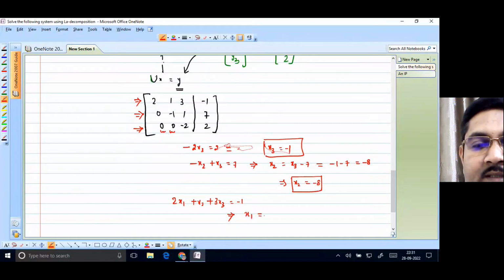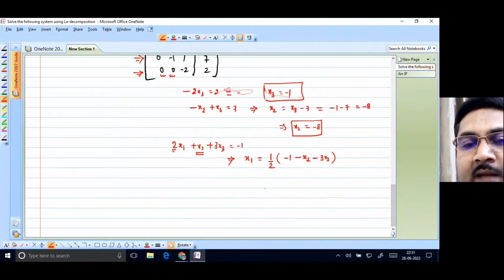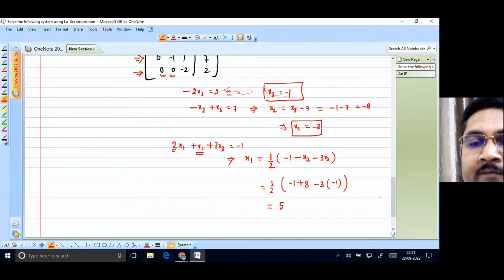So x1 is equal to minus 1, if I take this to this side, minus x2 minus 3x3, and divide it by 2, and substitute all the values. So 1 by 2 times minus 1, x2 is minus 8, so minus minus plus 8, minus 3, x3 is minus 1. So 8 plus 3, 11 minus 1, 10 by 2, and that is 5.